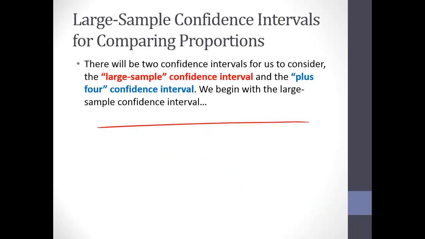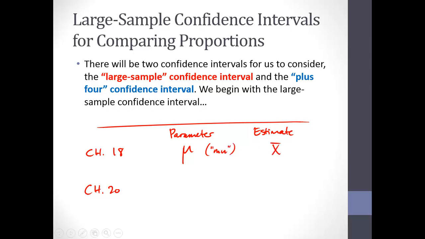Let's remember what we did in chapter 18 and chapter 20. We have our parameter and our estimate. In chapter 18, we were trying to estimate the mean, which we called mu, and we estimated that using the sample mean, x bar. So we wanted to estimate the population mean with the sample mean.